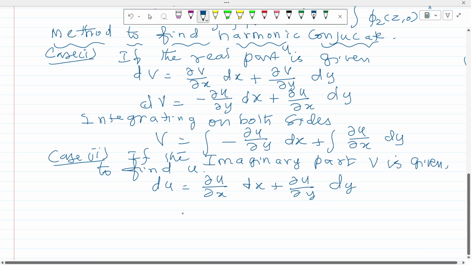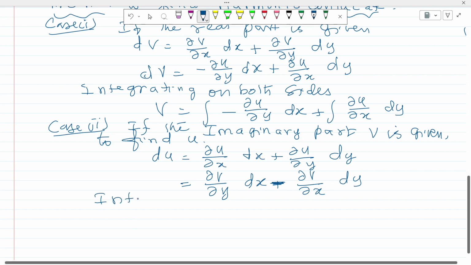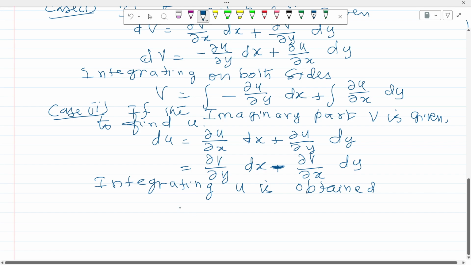Now convert everything into v. ∂u/∂x is ∂v/∂y, dx, plus, not plus, because ∂u/∂y is minus ∂v/∂x, so minus here, ∂v/∂x dy. Integrate on both sides. Integrating, u is obtained. Okay, fine.